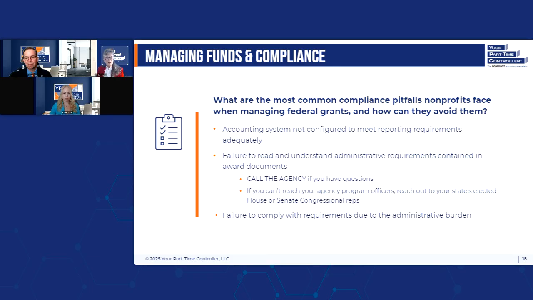The feds will pay their fair share, but only their fair share. And you need to be able to prove that what you're charging is for time that people actually spent on the award.